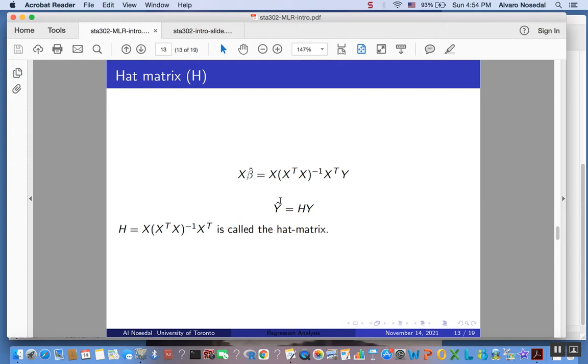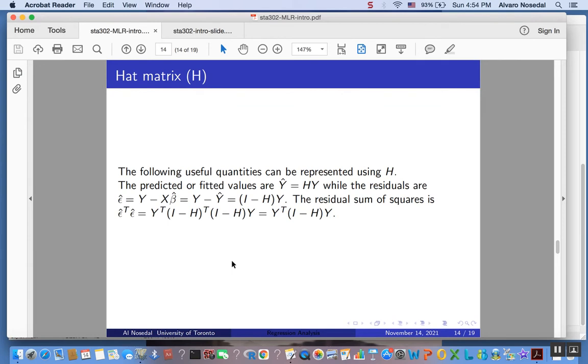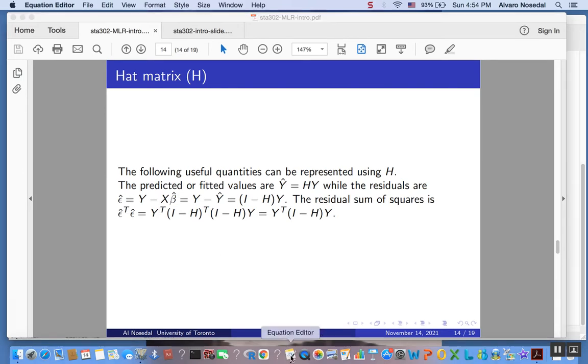Again, in residual analysis, we also saw that we can use a matrix that is related to the hat matrix to obtain the residuals by using a matrix multiplication.